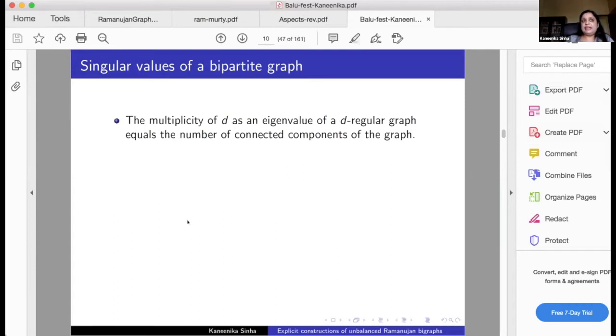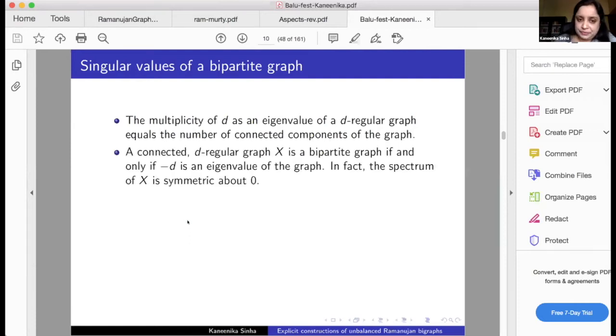Okay, so now when we talk about bipartite graphs, especially unbalanced bipartite graphs, then instead of eigenvalues of the adjacency matrix, we can talk in terms of singular values of another matrix, which I'll now explain. First of all, as I mentioned before, the multiplicity of the degree d as an eigenvalue of a d-regular graph equals the number of connected components of the graph.